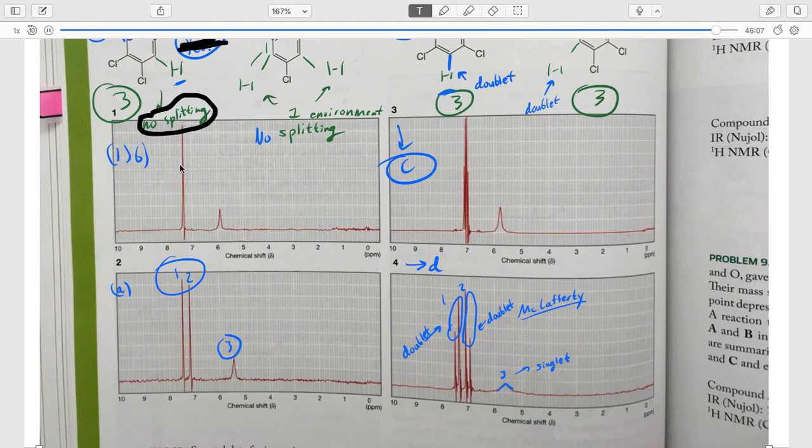It just means it's like really close together. So like here with 7, comparing number 2 with number 4, you see that there's a better resolution. Here's just smashed.